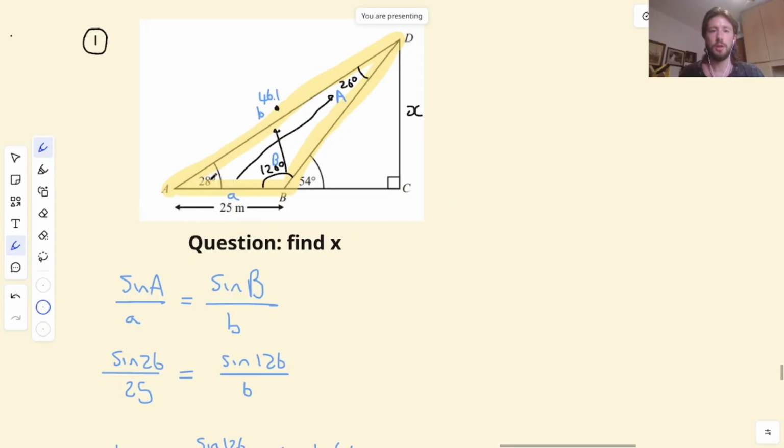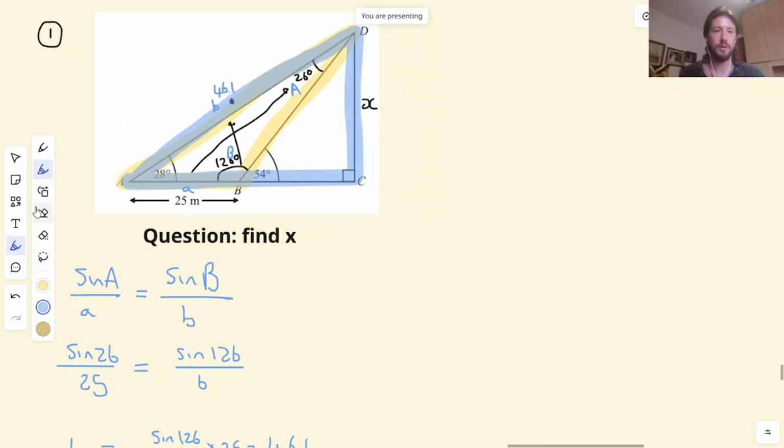Now we can draw a triangle that includes x and that side, the right-angled triangle. So this greater triangle here is this one. And notice that that is just a triangle like so, with x on this side, 90 degrees there, 28 there, and 46.1 here.